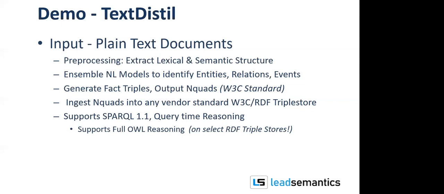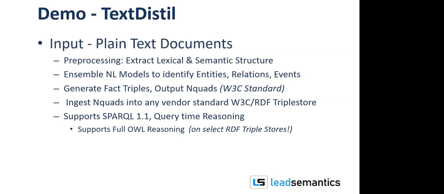And then out comes these fact triples, which are enquads. Enquads are this W3C standard for semantic triples that can be loaded into RDF triple stores. And so we load them, ingest into these triple stores in Fluree, particularly in this demo.